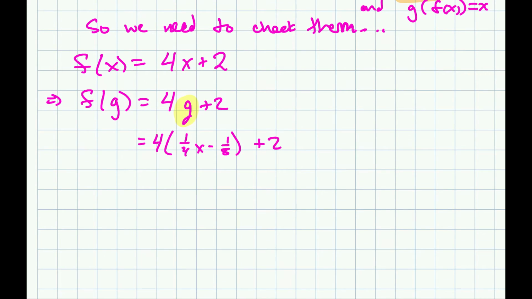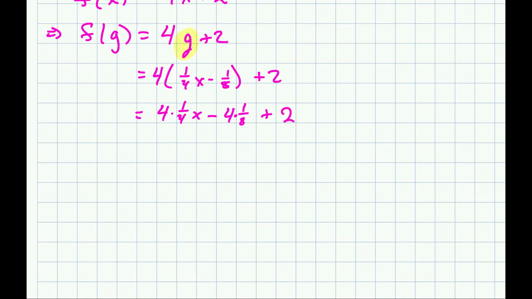So this is what f of g is, and then you work this out. You would have to distribute the 4: 4 times 1/4 times x minus 4 times 1/8, plus 2.